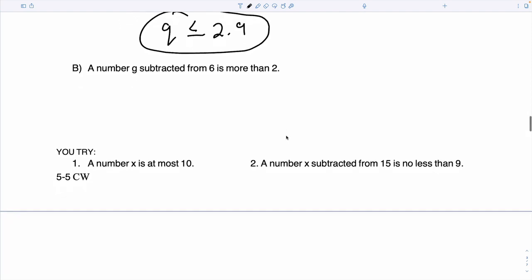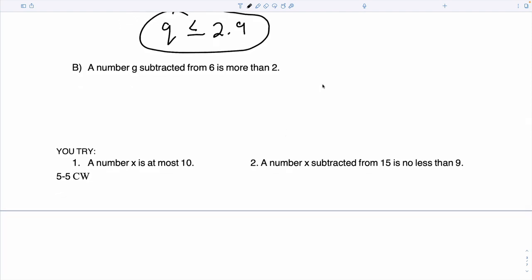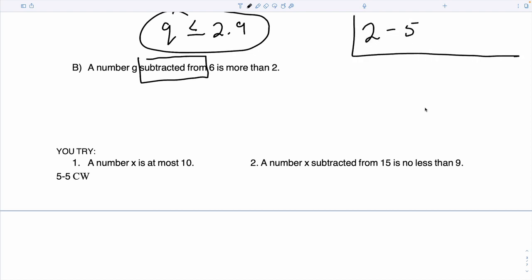Last one. A number g subtracted from 6 is more than 2. These guys are tricky. Box subtracted from. This language is really weird. If I told you that 2 is subtracted from 5, that is not this problem. I'm just going to make a random example up here. 2 subtracted from 5 is not this.